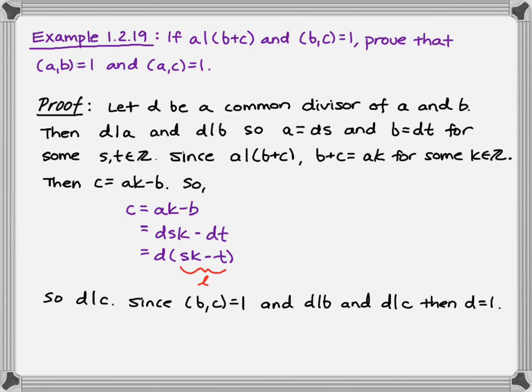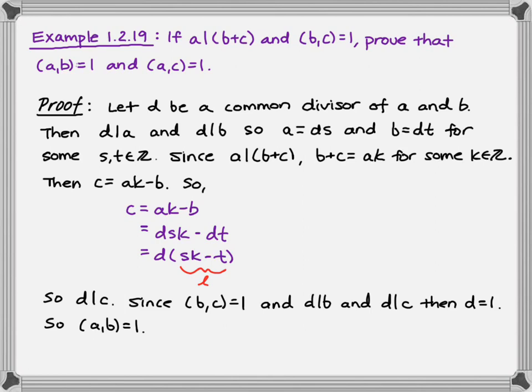If two numbers have the greatest common divisor of 1, and we have an integer that divides both of them, that number has to be 1. So we've shown that D equals 1. So A and B are relatively prime. This is because we picked any common divisor of A and B, and then we forced it to be 1, which implies that the greatest common divisor of A and B has to be 1.